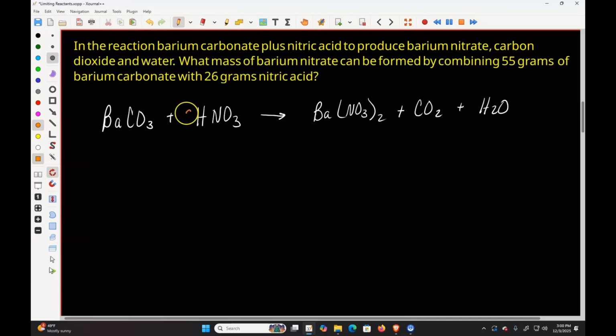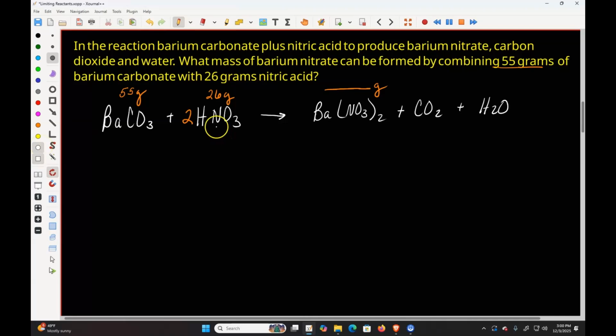Okay, to balance this, all right, let's label what we're given. We're given 55 grams of barium carbonate. We're given 26 grams of nitric acid, and we're solving for the grams of barium nitrate.